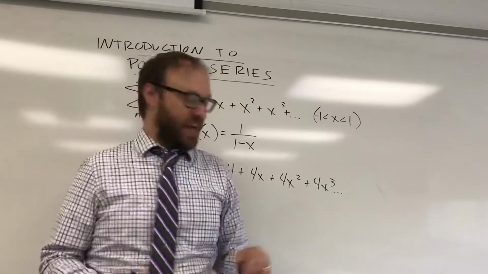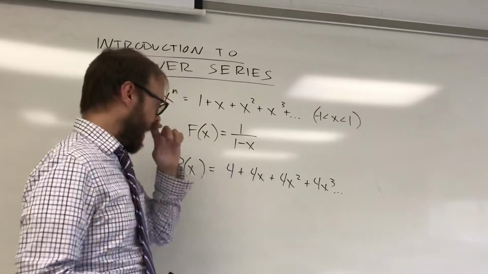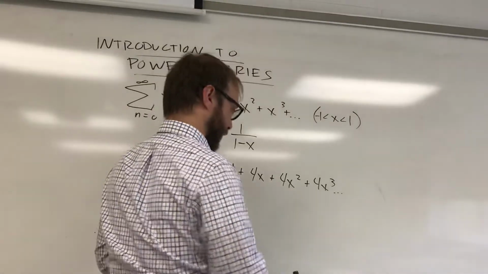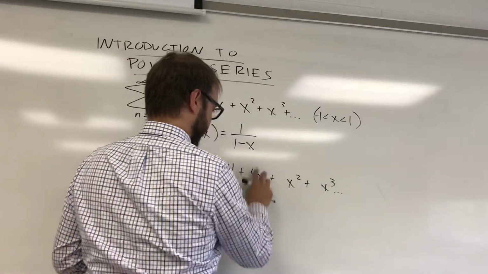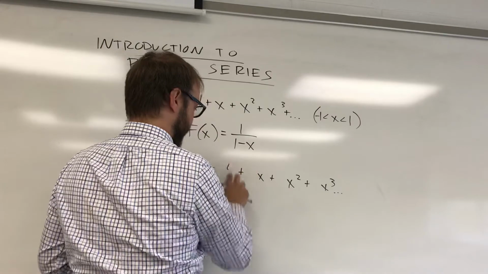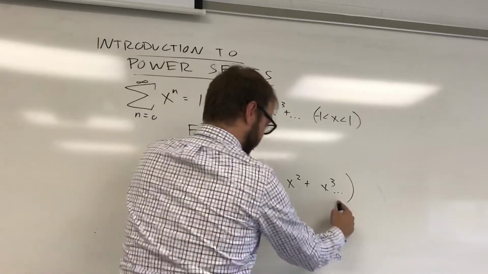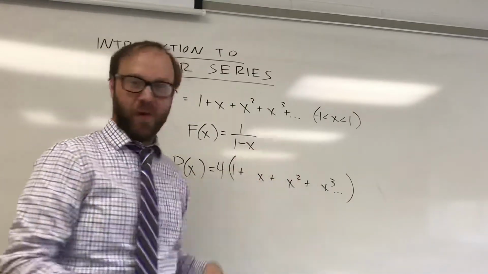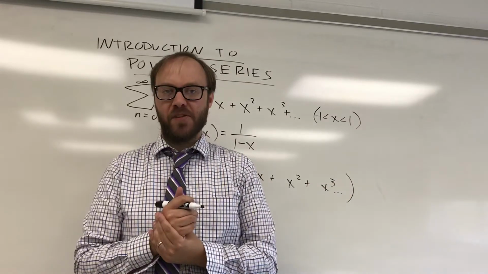Because every single term in this infinite series has been multiplied by 4, we can factor out a 4. We can multiply this infinite series by 4, and that's another way of representing that series. You can factor a constant out of infinitely many terms.